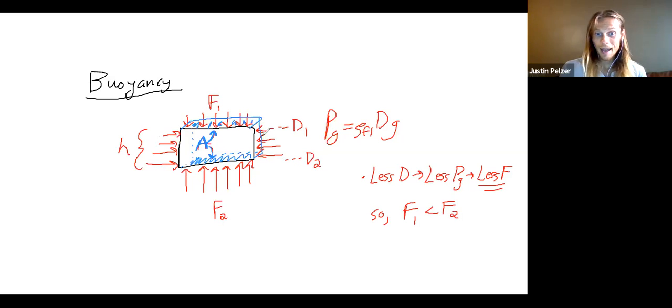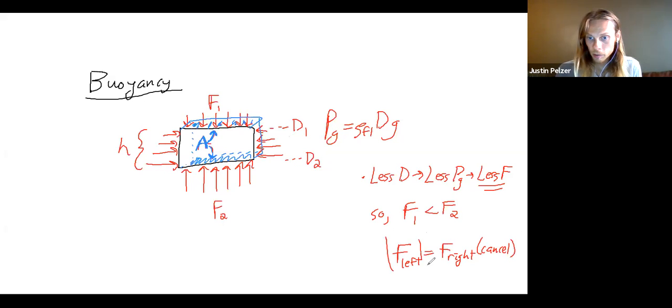The ones on the side cancel because they're equal, because they're the same depth here and here, left and right. F on the left side, pushing left, equals F pushing right. So they cancel.